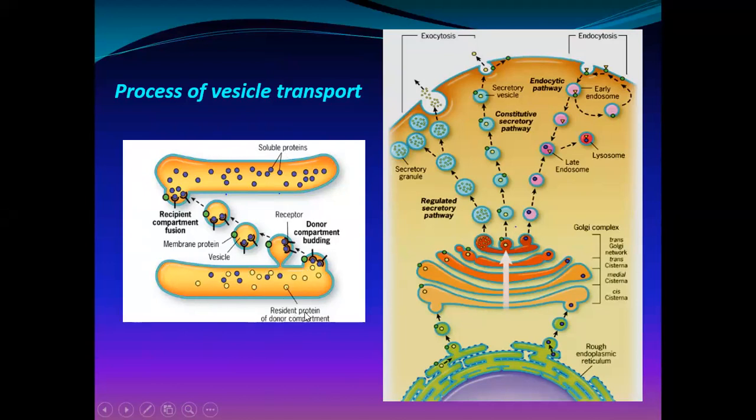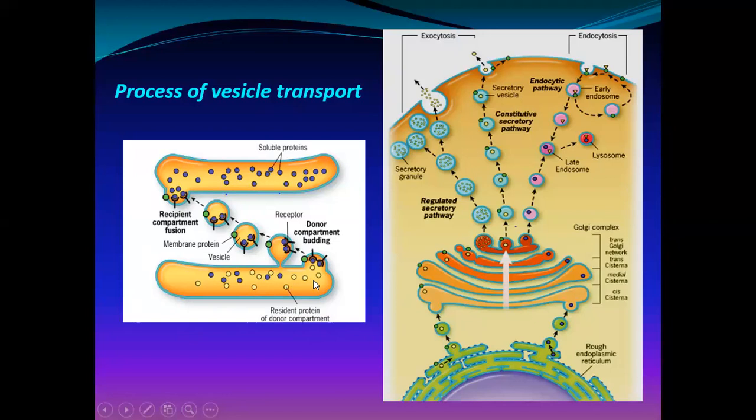You can see the yellow rounds and the blue rounds are the proteins. Some proteins are secretory proteins, soluble proteins. This yellow color is the resident protein of the donor compartment. This is the donor compartment, where protein synthesis happens and supplies. So this makes the donor compartment.